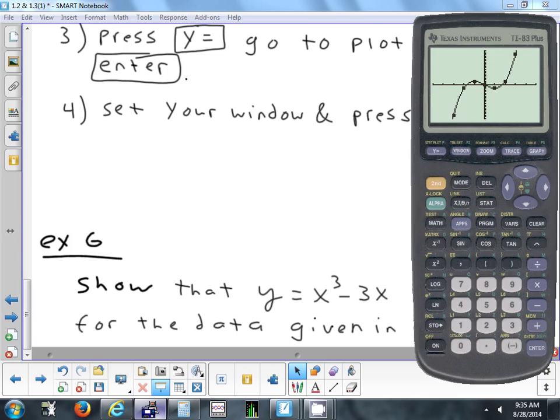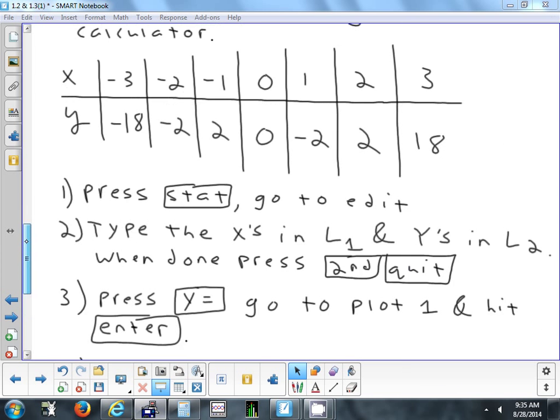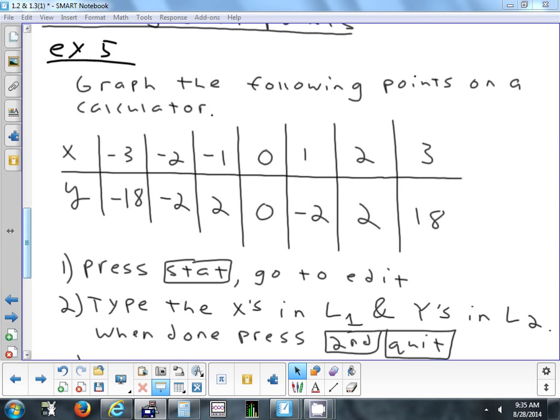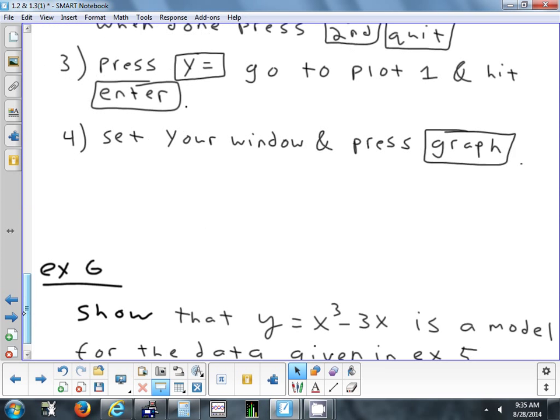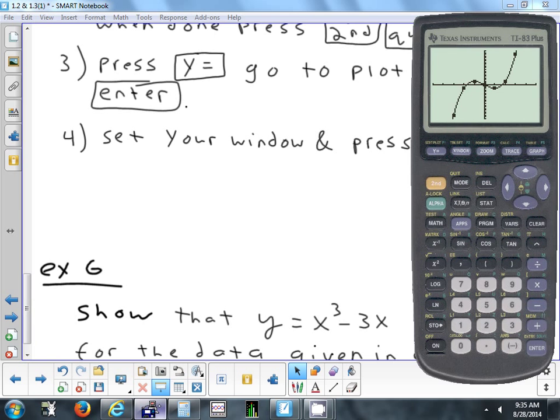So now we could use that model to predict, what if x is 7? What would the y value be? Well, now that you have the equation for it, just plug in 7 for x, see what you get for y. You could do it by hand for now, or I'll show you a way eventually you can use this table, and it will list a bunch of values.